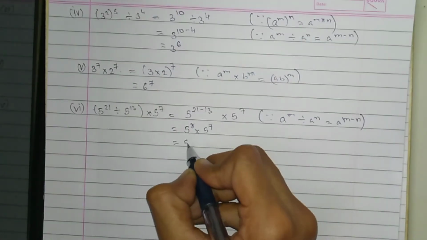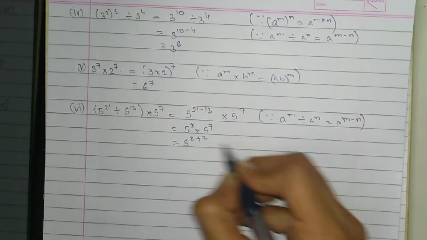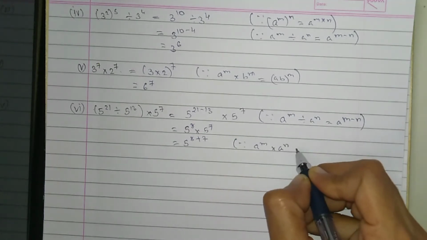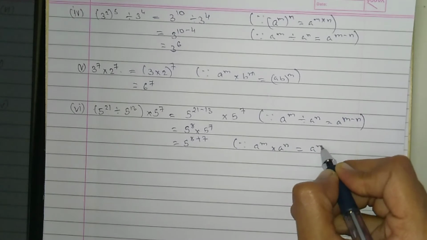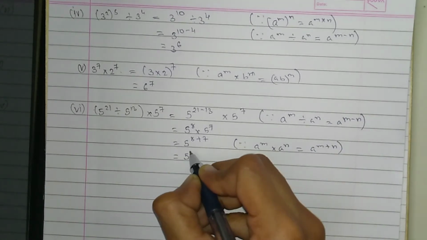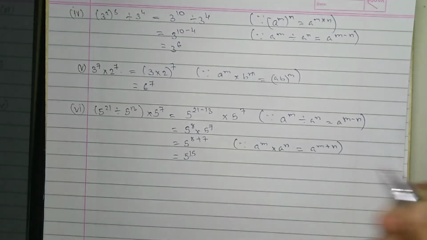Now this we can add it. 5 raised to 8 plus 7, because a raised to m into a raised to n is equal to a raised to m plus n. So which is equal to 5 raised to 15.